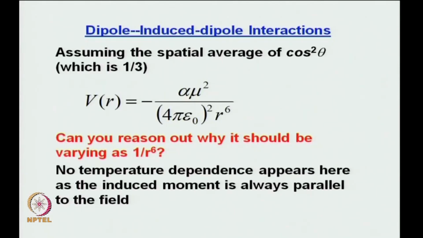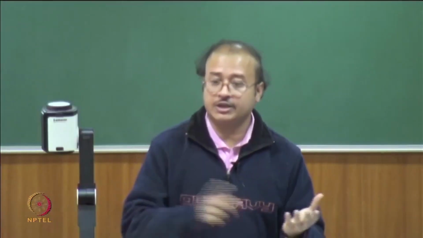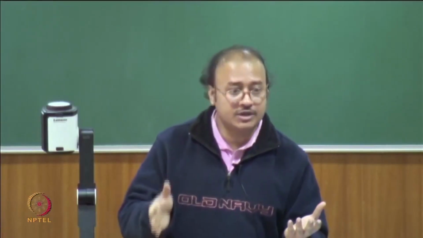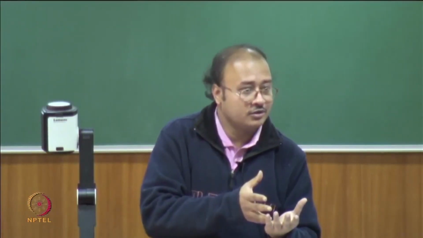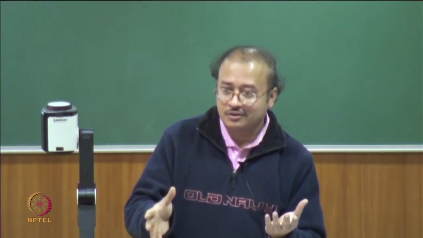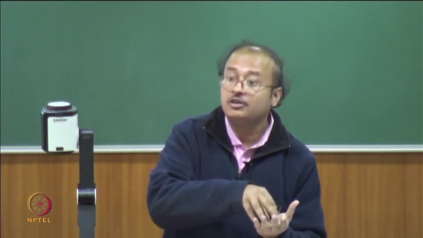See, no temperature dependence appears here, as the induced moment is always parallel to the field. Now, please keep this in mind, you are inducing a moment. Inducing moment means if I have an ion or a dipole which is inducing, the one which is induced is in response to the one which is a permanent one. So, this one is always correlated or always in response to the first one.